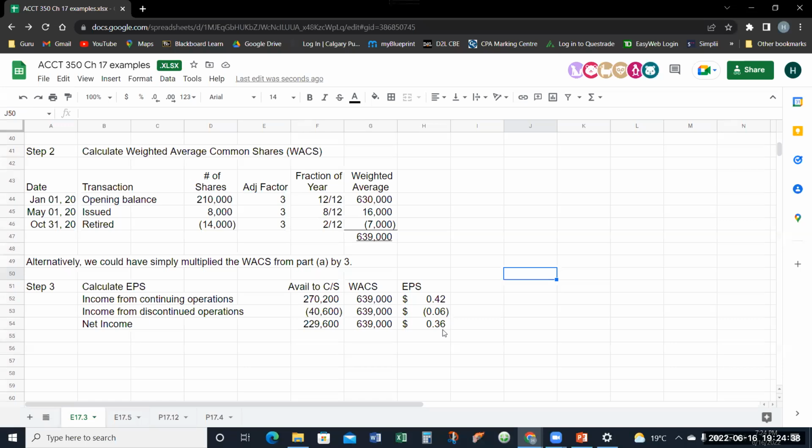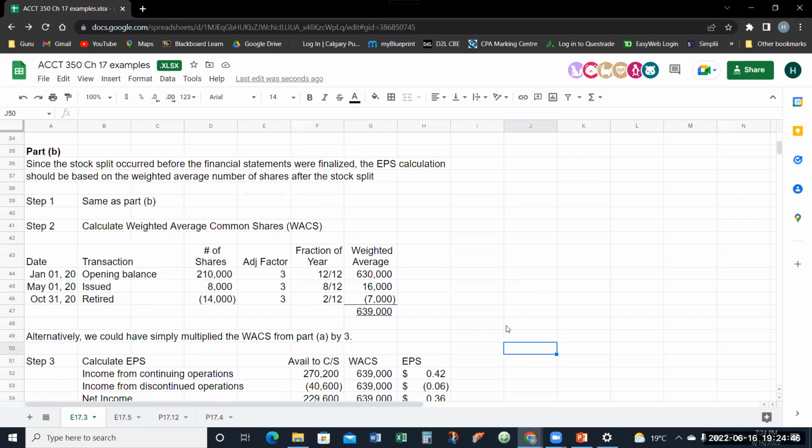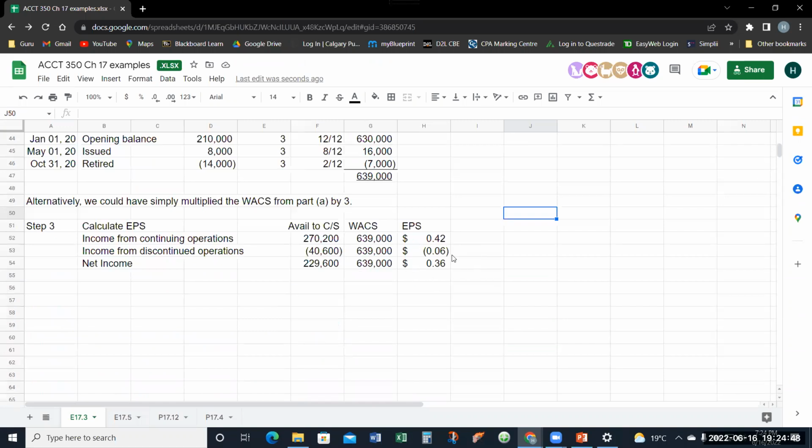So if they make an investment decision based on information that maybe was true as of December 31st, 2020, but if they were unaware that there had been a stock split that took place, they could end up making an investment decision that would be unwise, right?